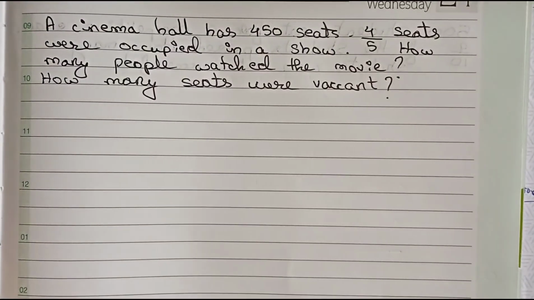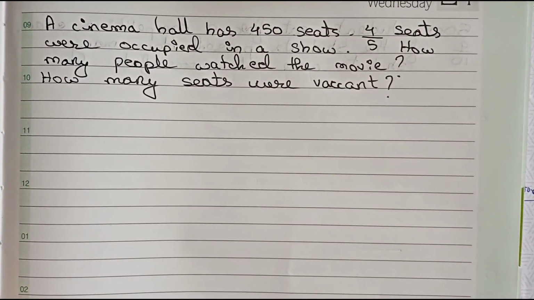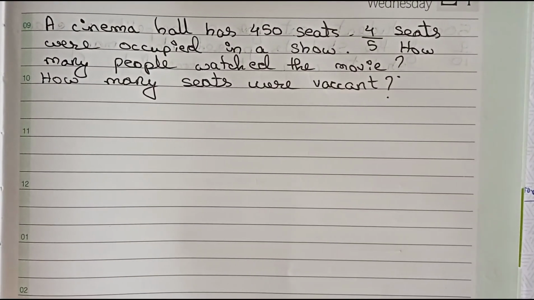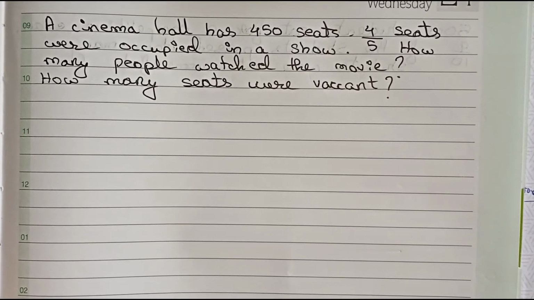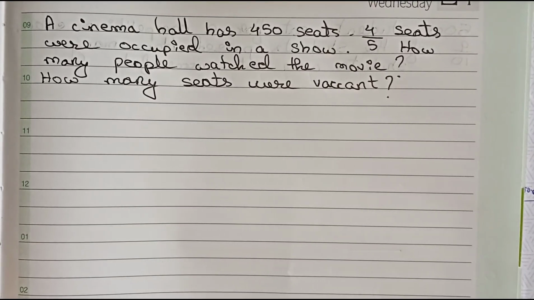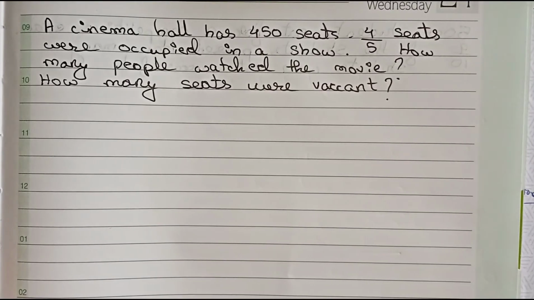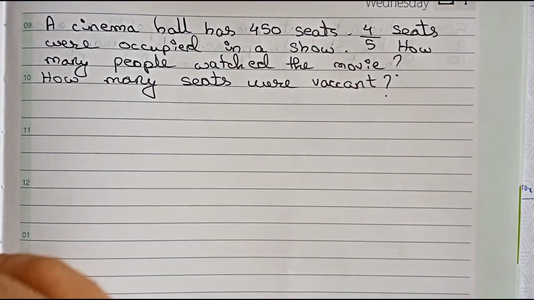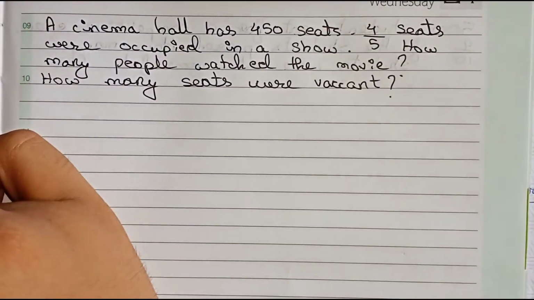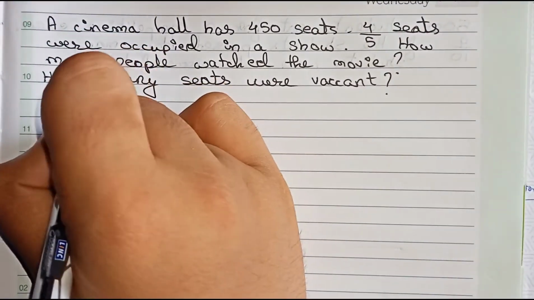So now our next question is, a cinema hall has 450 seats. 4 by 5 of the seats were occupied in a show. How many people watched a movie and how many seats were vacant? So vacant means how many seats were empty. So now we solve this. So first you write the total number of seats.